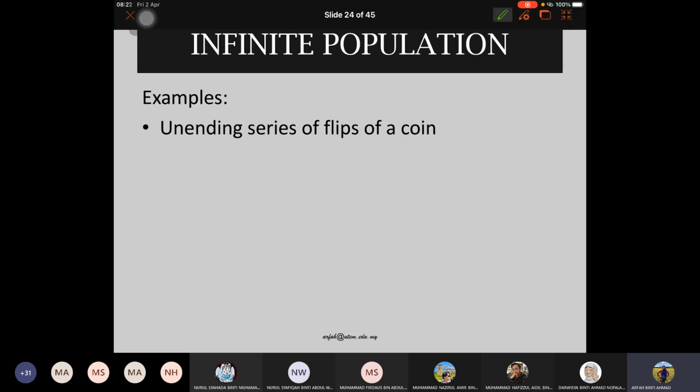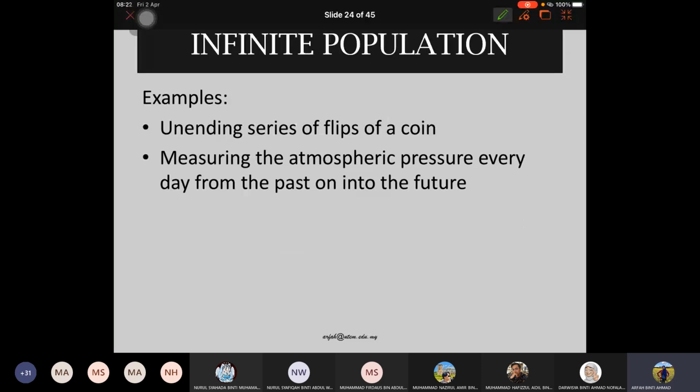Sebab kita boleh flip the coin daripada hari ni sampai kiamat. So ianya akan jadi infinite population. And then measuring the atmospheric pressure every day from the past into the future. So yep, it will be infinite as well because the atmosphere you measure every day. So setiap hari sampai juga last day in the earth, for example.